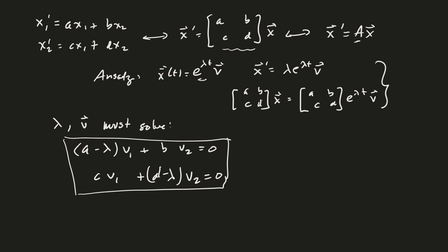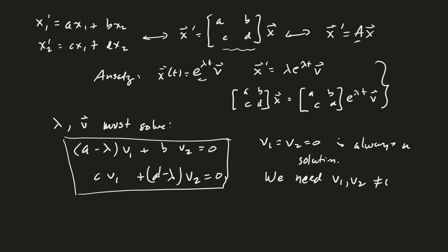All right, so how are we going to solve this system of equations? Well, notice that v1 equals v2 equals 0 is always a solution. Okay, so are there any non-zero solutions? Because we need v1 and v2 to not be equal to 0.